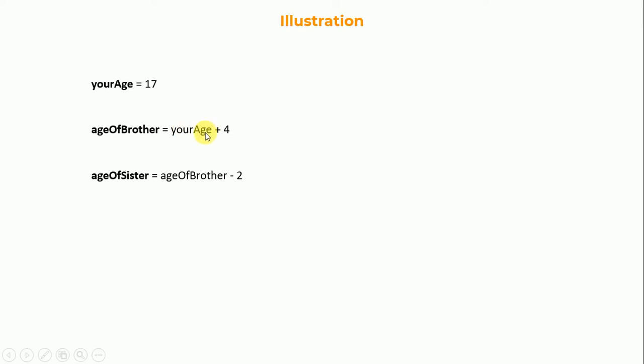Because there is an assignment operator, there is always one container on the left. So we do what's on the right, make sure we get a value, and we assign the value to what's on the left. Your age plus 4 is going to be 17 plus 4. So in memory, age of brother is now going to have the result of this expression. Until you are done with what is on the right, you will not assign to what's on the left.